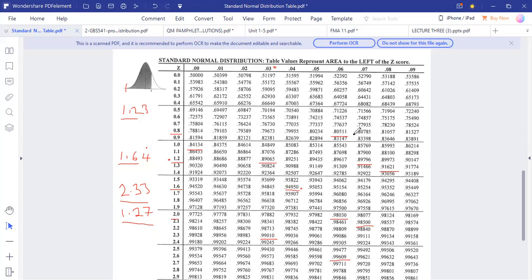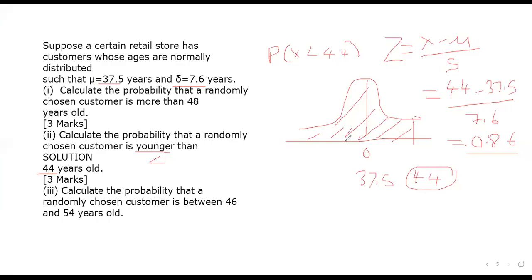You get 0.80511. So reading from here for 0.86 gives us 0.80511, meaning we can safely say that the probability x is less than 44 will simply be 0.80511.